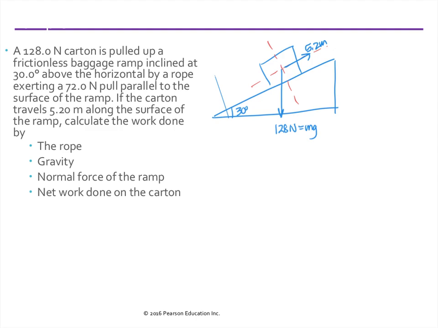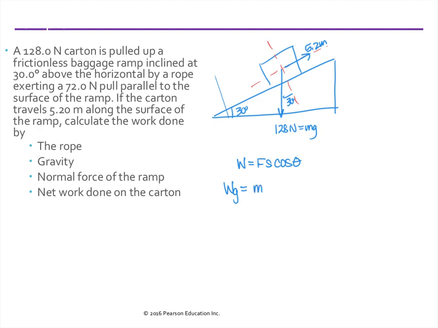So what I drew here is I just wanted to focus on the idea that we're trying to find the work done by the force of gravity, and I'm going to look at it 3 different ways. First, the work is force times displacement times the cosine of the angle between them. When we look at the work of gravity, we can use this in a very plug and chug kind of way.